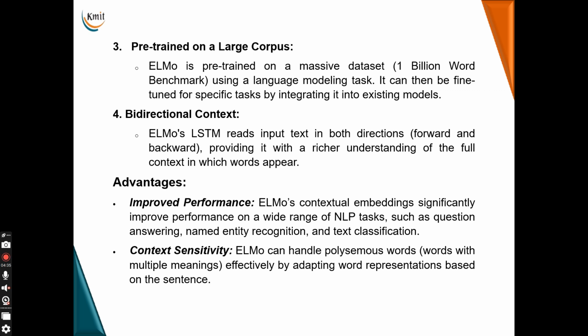Context sensitivity. ELMO can handle various types of contexts, and it can also handle polysemous words wherein a single word can have multiple meanings. Just now we have seen the example bank. Bank can be used in connection to a financial institution, or it can be used in connection to a river bank.